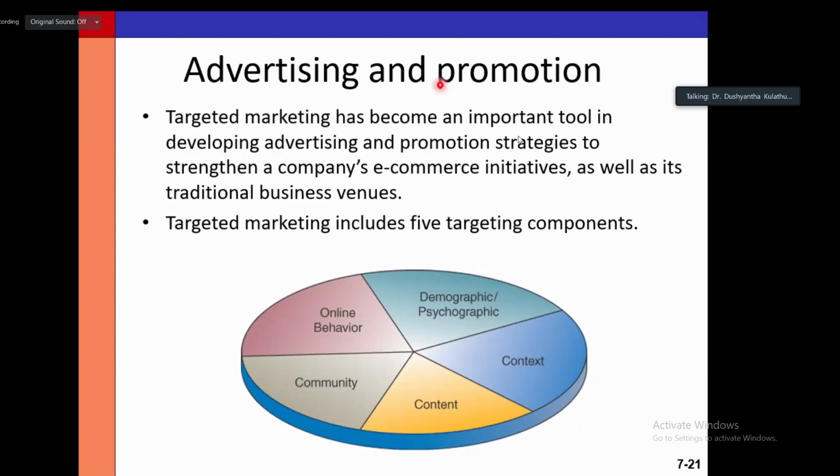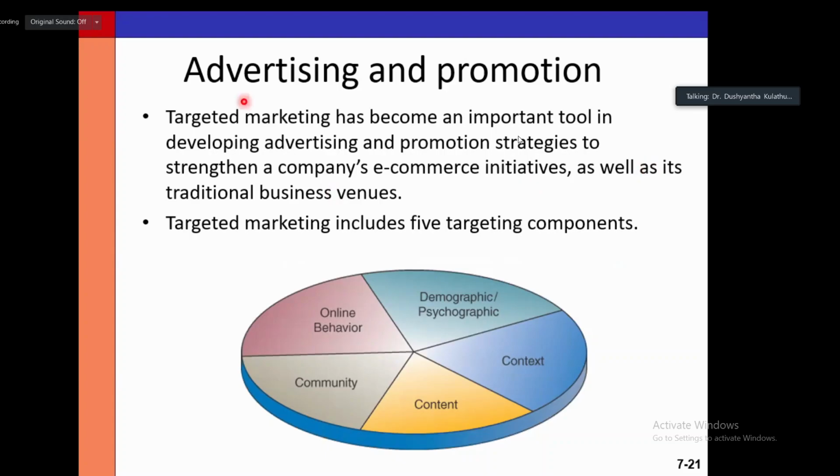Advertising and promotion. Targeted marketing has become an important tool in developing advertising and promotion strategies to strengthen a company's e-commerce initiatives as well as its traditional business venues.